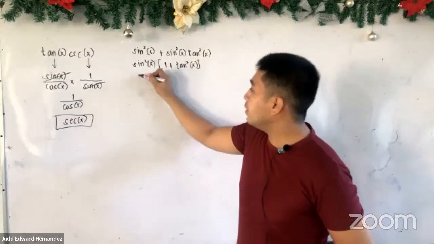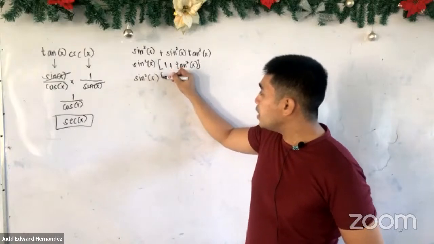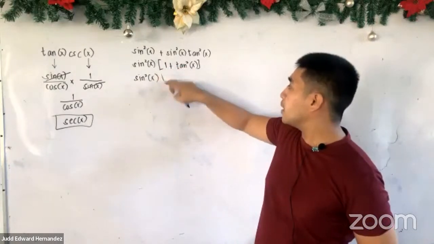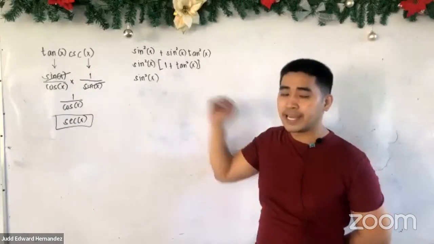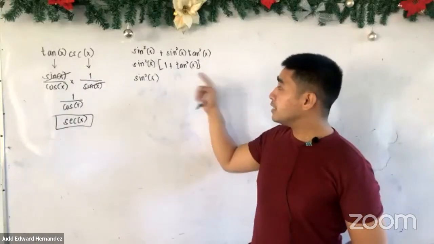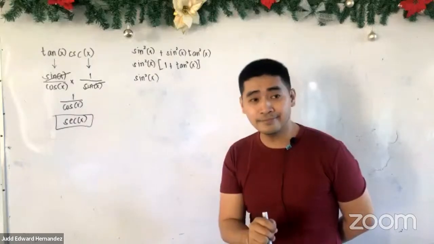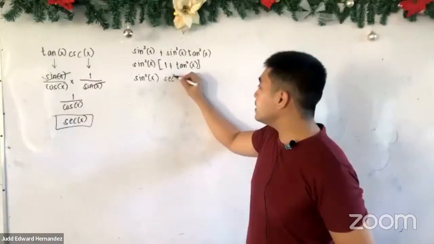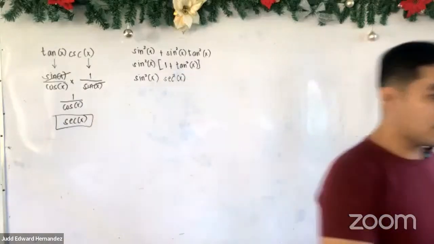We now have here sine squared of x, but since we know something about 1 plus tangent squared of x, because this is a Pythagorean identity, we could say that 1 plus tangent squared of x is equal to secant squared of x. Therefore, this is secant squared of x. Is this clear?